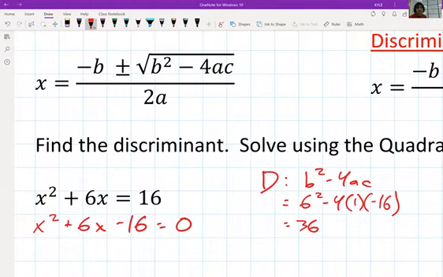I like to analyze the sign first because we have a minus times a positive times a negative. This looks like it'll be plus, and I can just confirm that on my calculator.